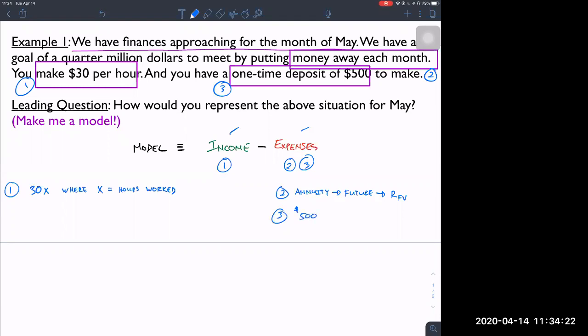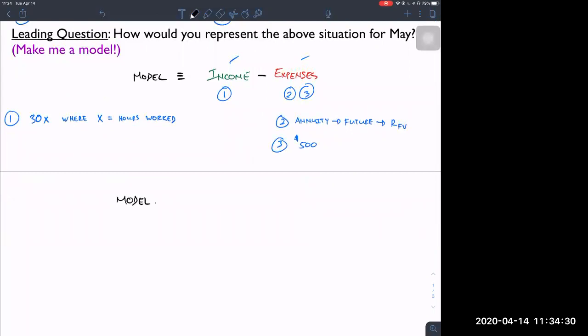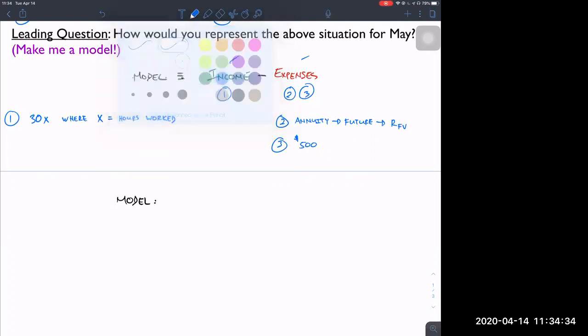So once you put it all together, your model should look something like this, right? Your model, I'm going to scroll up now. It's going to be this 30x. And then you're going to subtract off whatever that monthly payment is, as well as 500.